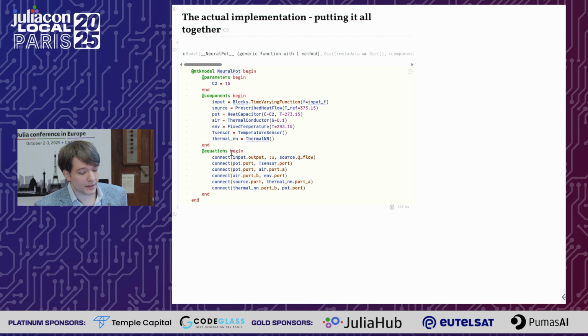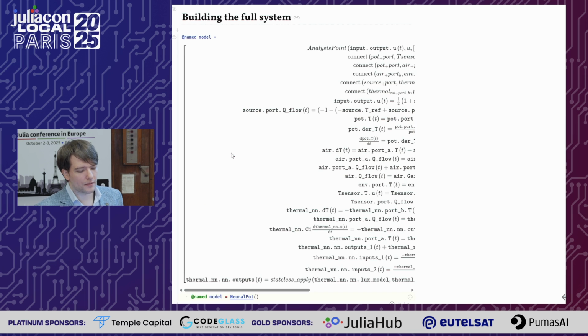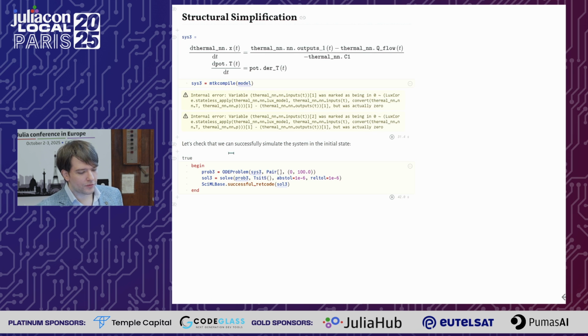So when we put this together, we just have to insert our translator component that translates from the direct raw neural network to the physical system, and then we can continue to use this as normal. So we build a full system, we structurally simplify this, and we see that the thermal neural network, which is our translation layer component, enters the structurally simplified equations.